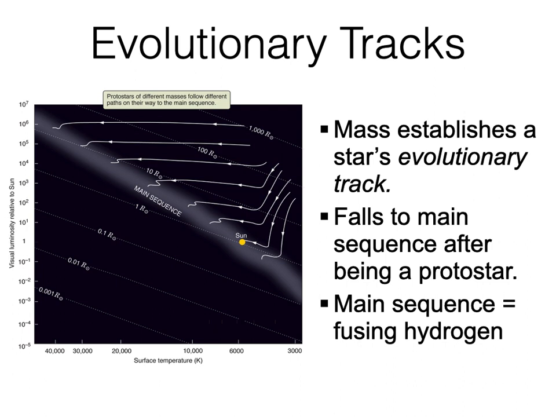So what determines where it lands on the HR diagram? Its mass. The more massive stars end up further up on the diagram on the main sequence. Lower mass stars end up lower down on the main sequence. And then we'll see how they evolve from there. This diagram has a little bit of extra stuff on there.